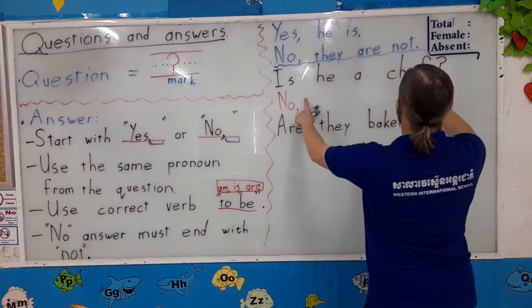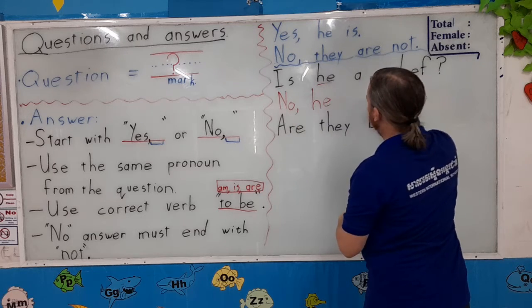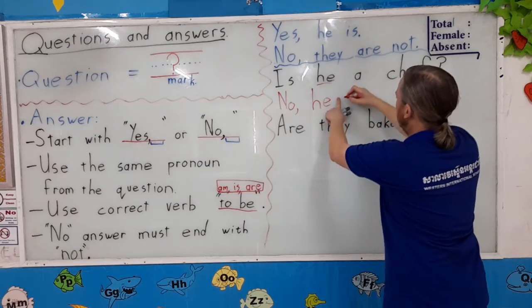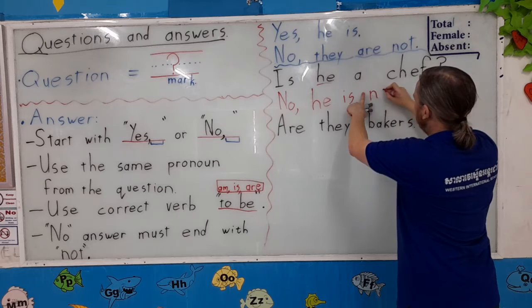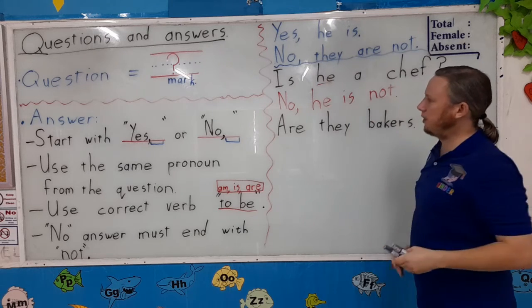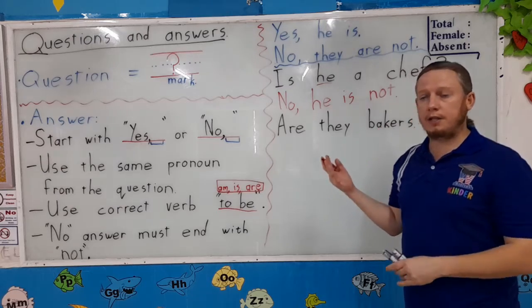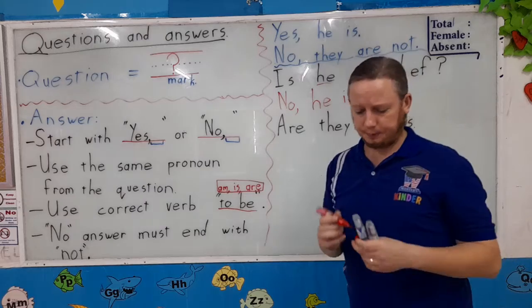Which pronoun must I use? Here we are. No, he. Who's the friend with he? Is. No, he is. And negative we put not. No, he is not. Now my question and my answer are perfect.